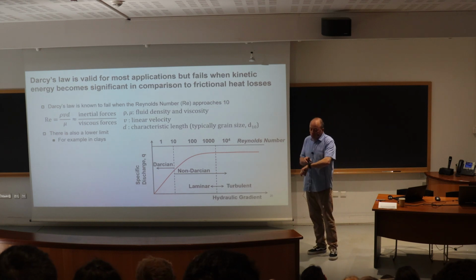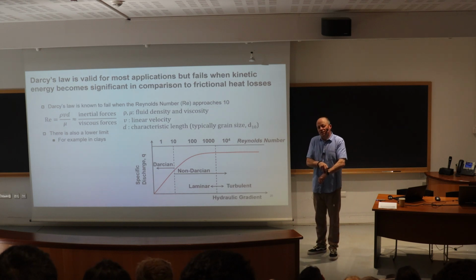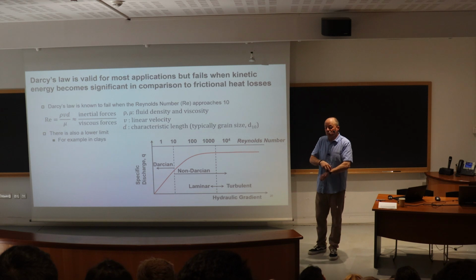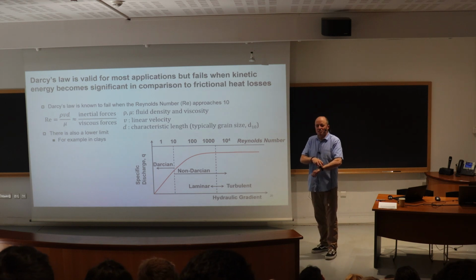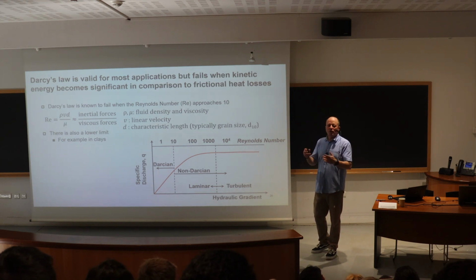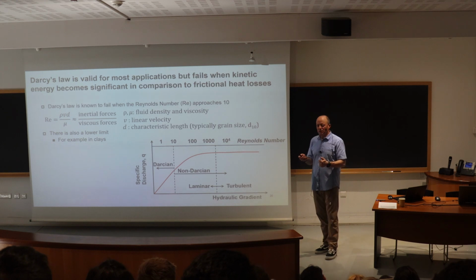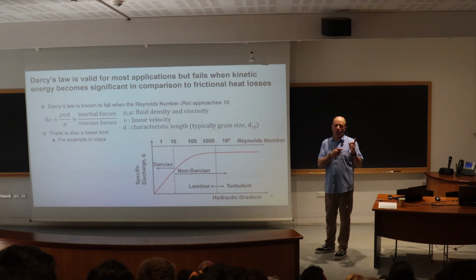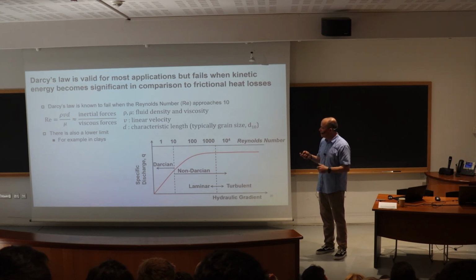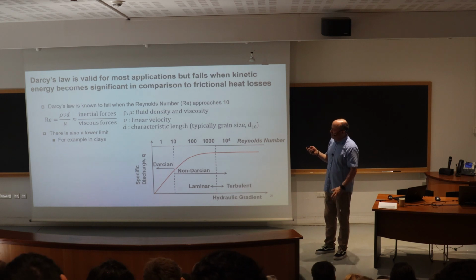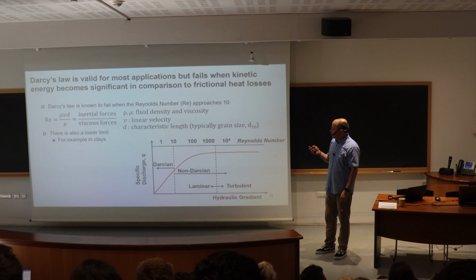Darcy's law is, for most cases in hydrogeology, considered valid. We don't really check if Darcy's law is valid because flow velocities are very low, typically in groundwater flow systems as opposed to surface water flow systems. But we typically assume that there's an upper limit of validity that can be checked by computing the Reynolds number.